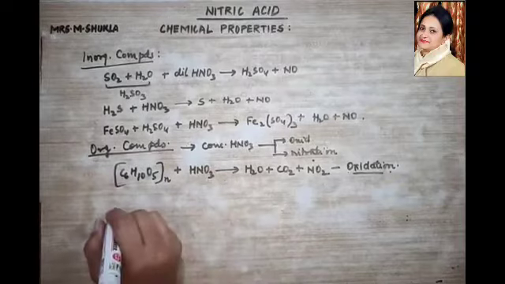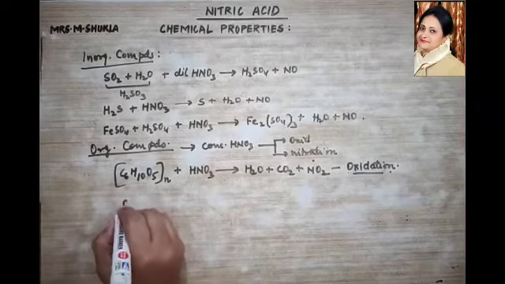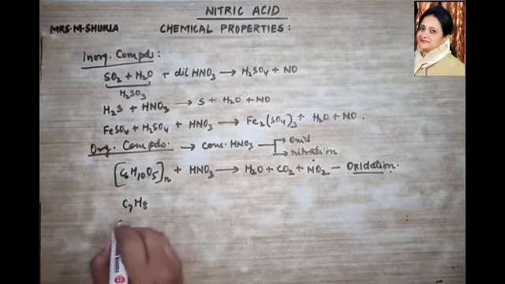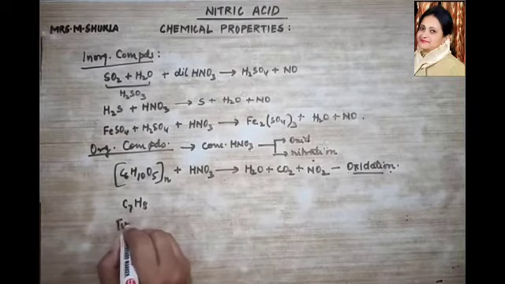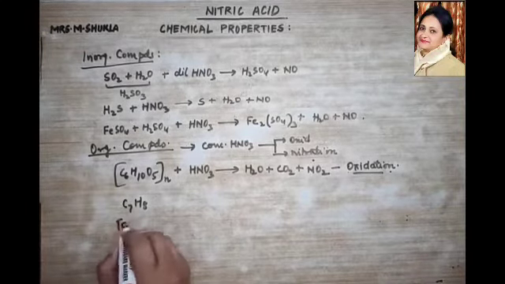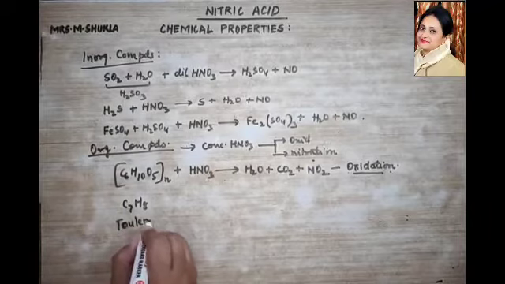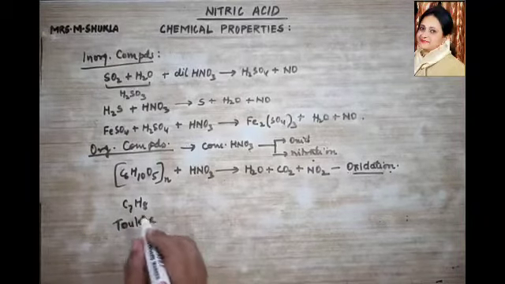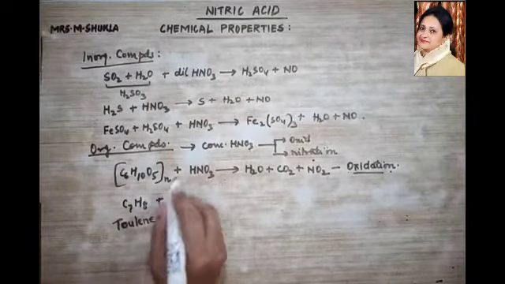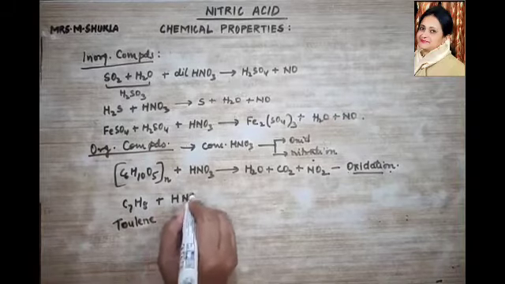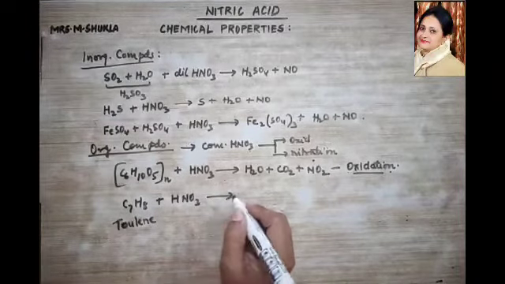Right? Another example you take is C7H8. What is this? This is called toluene. Right? When this is treated with concentrated HNO3, what is it going to form?